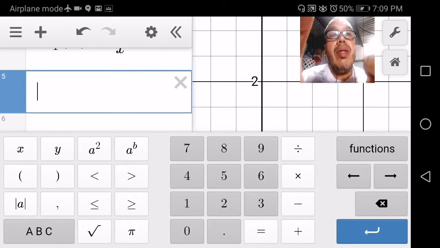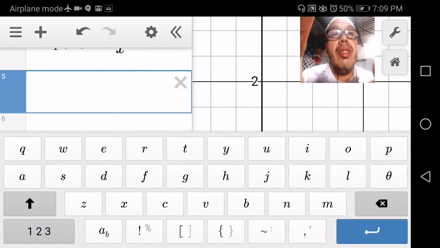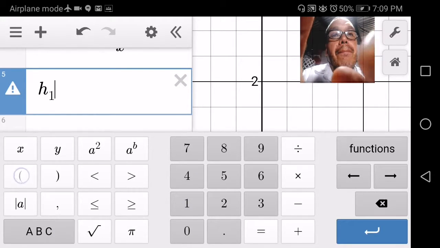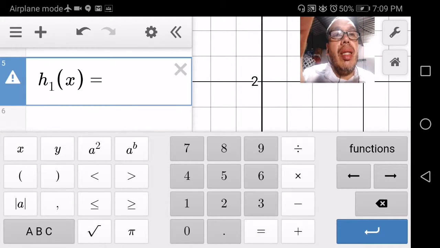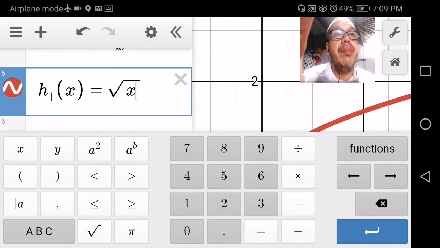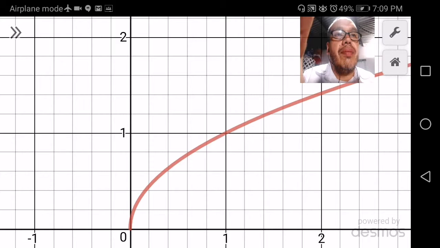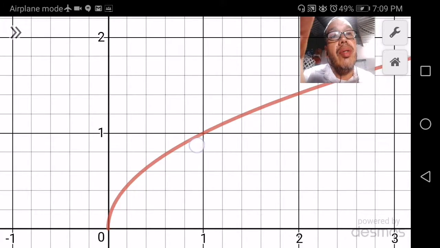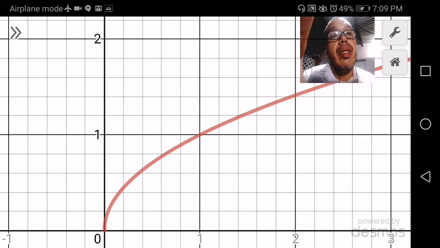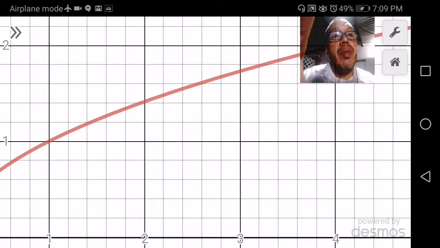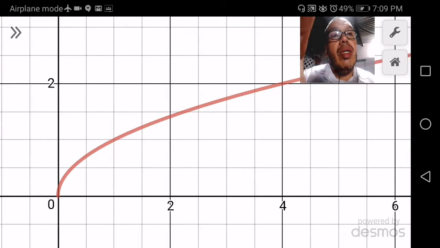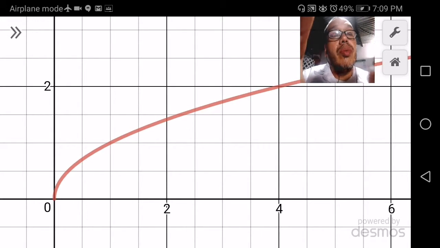Then you also have functions that are not necessarily defined for the whole set of real numbers, like the square root of x. Let's look at that function. You're going to see that you have interesting points here, like 1, 1, because the square root of 1 is 1, but the square root of 4 is 2.